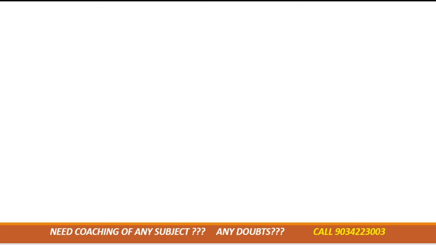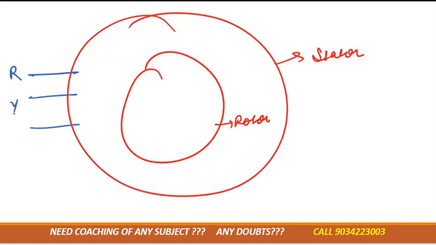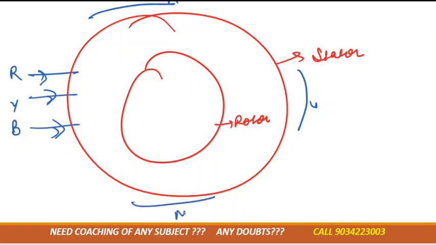Okay, I'm telling you from the start, we have only two things. One is the stator, the outer one, and the inner one is the rotor. Now we have given a three-phase supply to the stator, that is R, Y, B. Due to this supply, first current flows through R and produces a magnetic field here, then current flows through Y and produces a magnetic field here, then current flows through B and produces a magnetic field here.